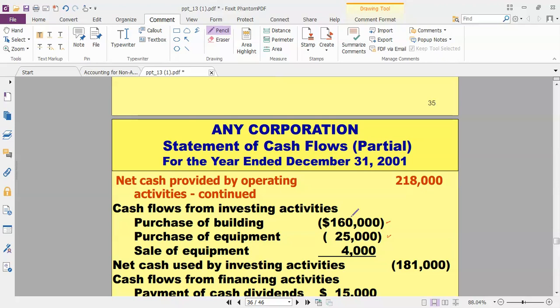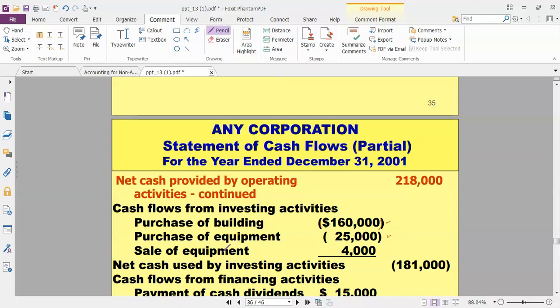So we must put negative here. Negative means that the money goes outside from the company. It means that we must pay for the building, we must pay for the equipment.